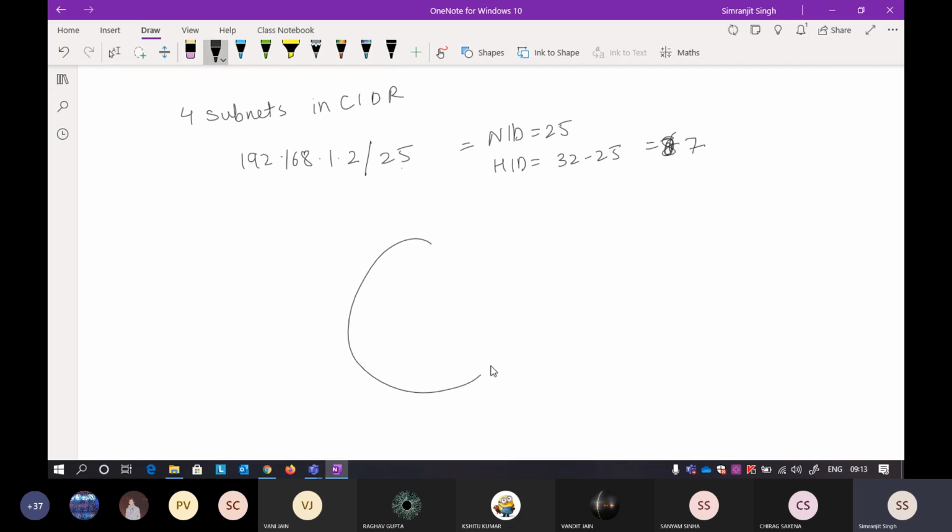This is your network. So what is the IP address of it? It is 192.168.1.0. I'll start with 0 here, we do not need to go to that complex.